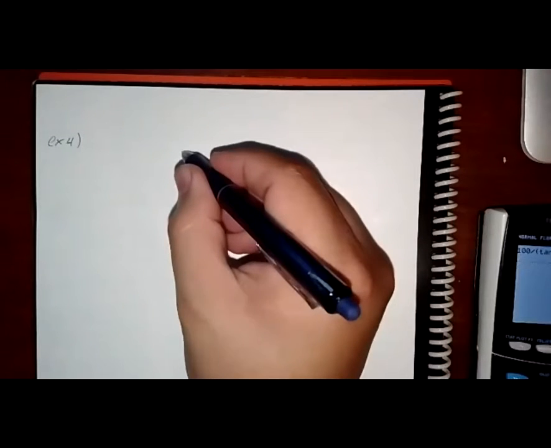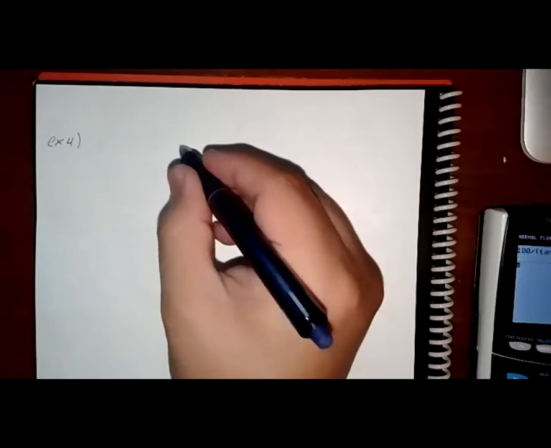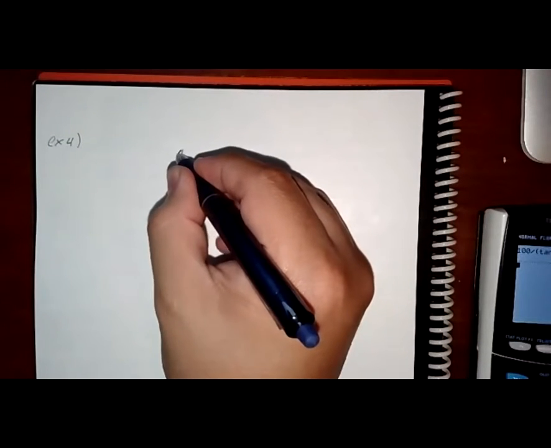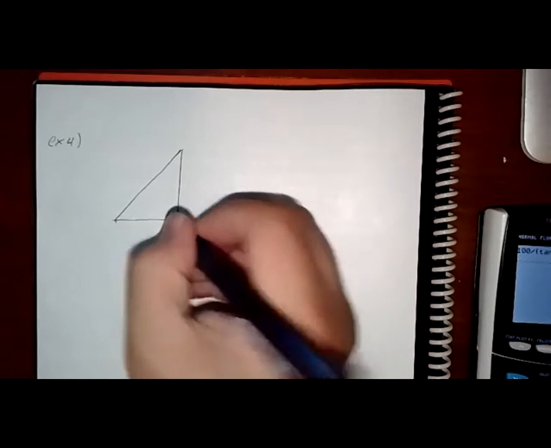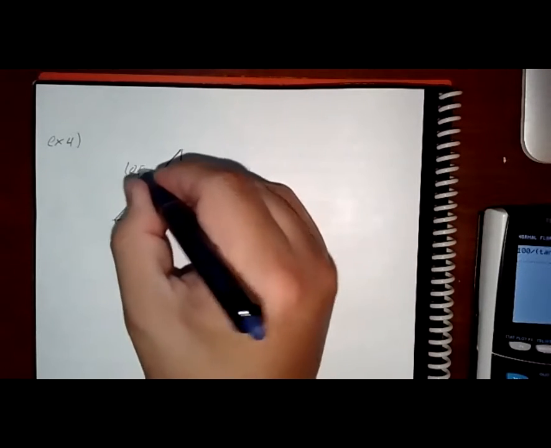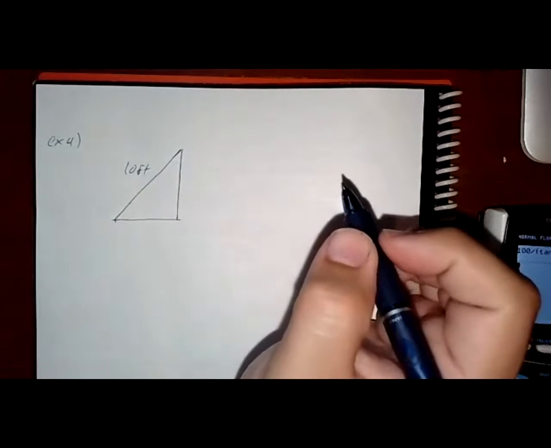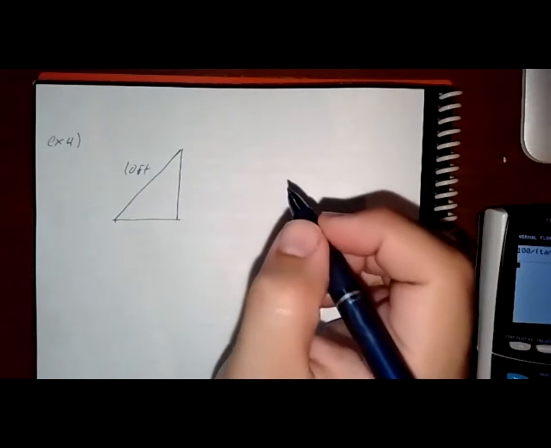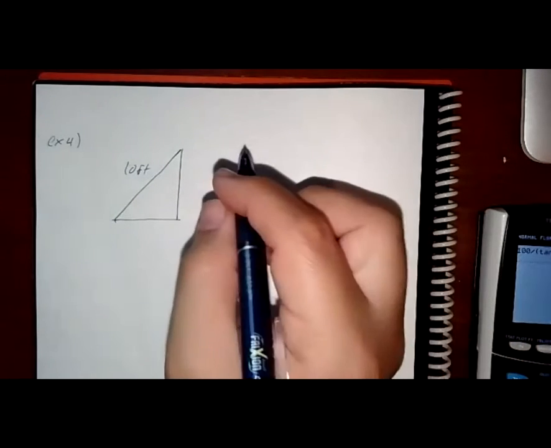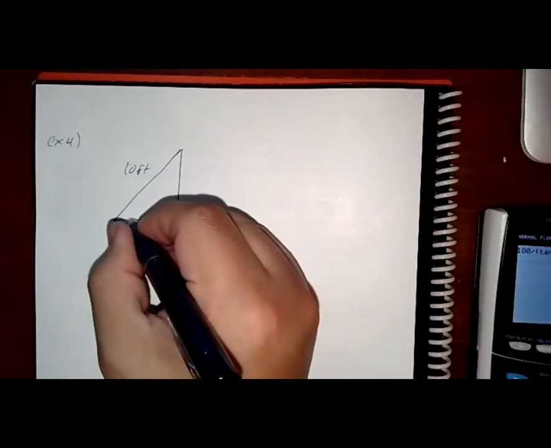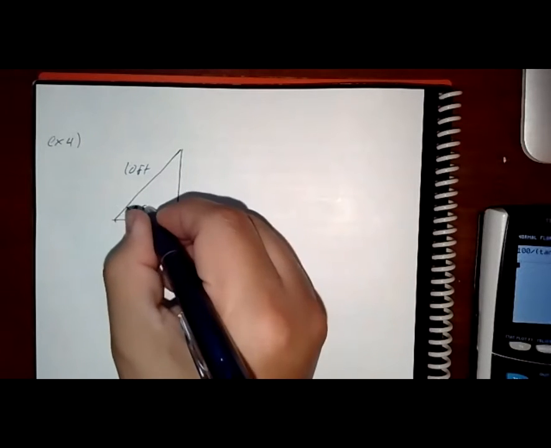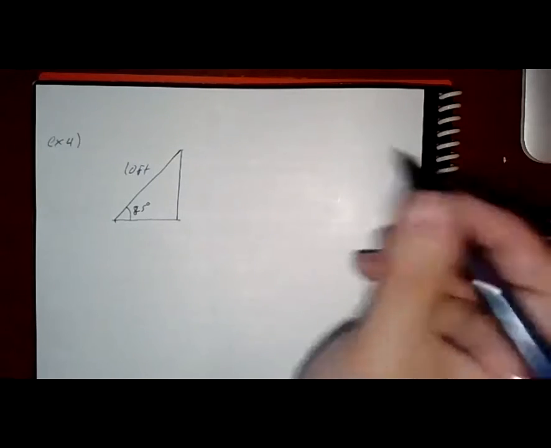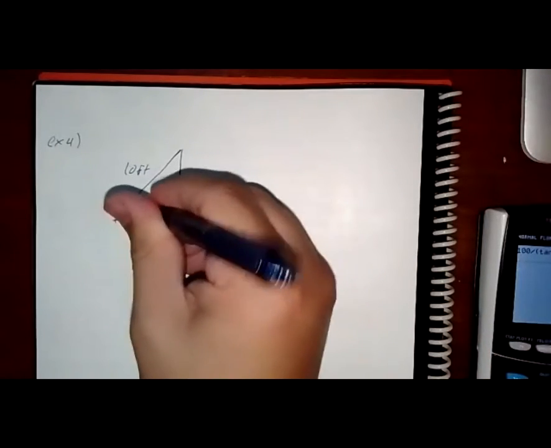So the ladder is 10 feet long. It's against some wall, right? So I'm assuming this is the 10 feet ladder. It says the angle of elevation is 85 degrees.